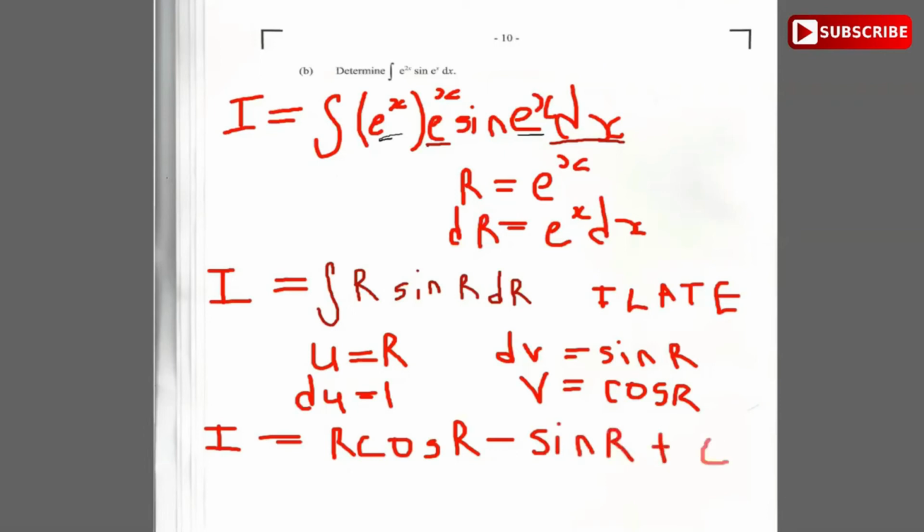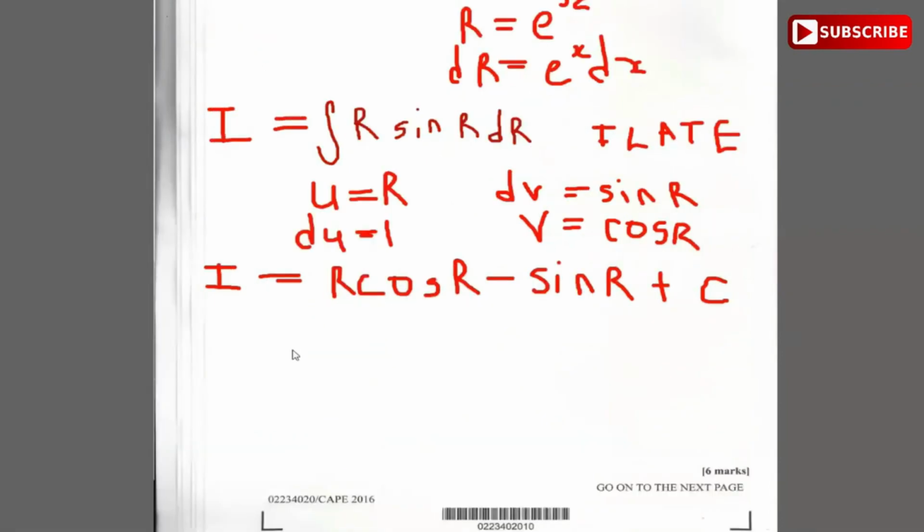And the question is finished. Well, not entirely. We have to substitute back for r. Remember, r was e to the x. So the final answer is e to the x cosine of e to the x, minus the sine of e to the x, plus c.